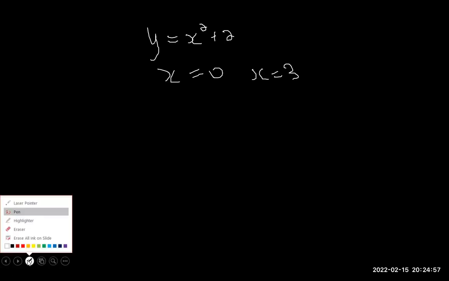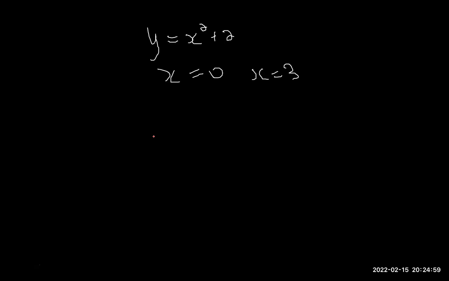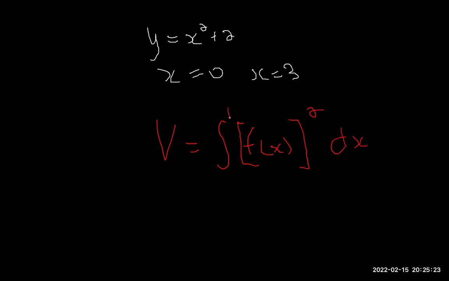Once you find volume, all you need to do is apply the rule. V, which is volume, is the integral of f of x squared. Unlike the area, where it was just f of x dx, now it's the equation of the curve squared dx. Your upper limit is still b, your lower limit is still a, and there's something else you need to add here: pi.